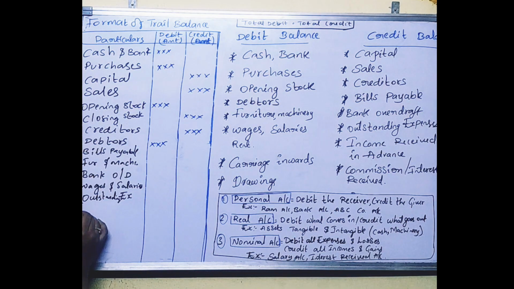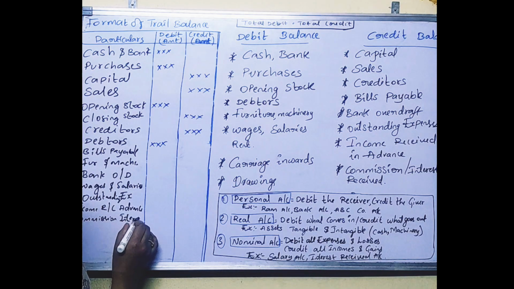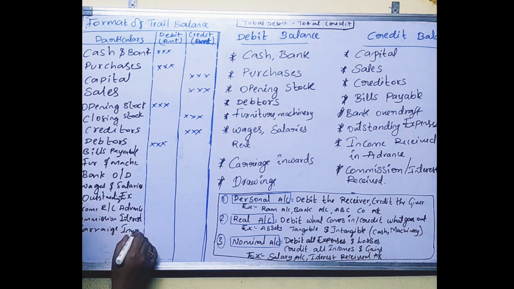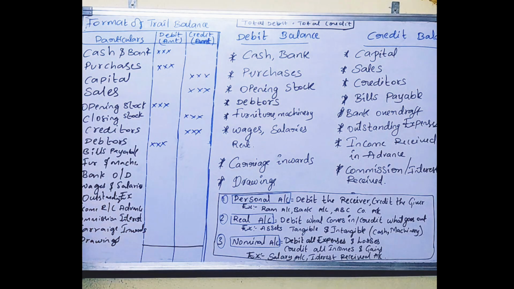Income received in advance, I'm writing like this. Commission, interest received. Now carriage inwards and drawings. Now see guys, where I am writing all these amounts.